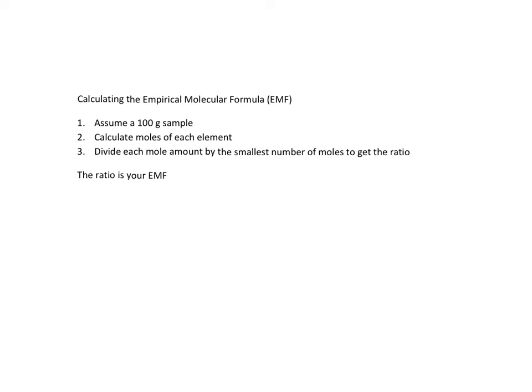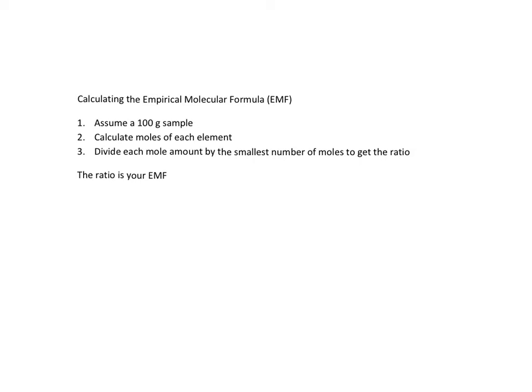Calculating the empirical molecular formula. So, first thing you do is you assume a 100-gram sample and you write that down. The reason we do that is because it's a quick math to convert between a percent and a mass, because we need to find moles. So if we have 56% carbon in our sample, then there will be 56 grams of carbon in a 100-gram sample.